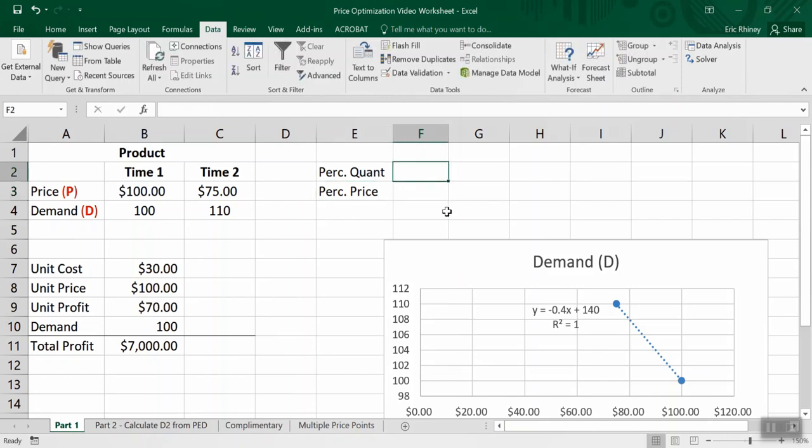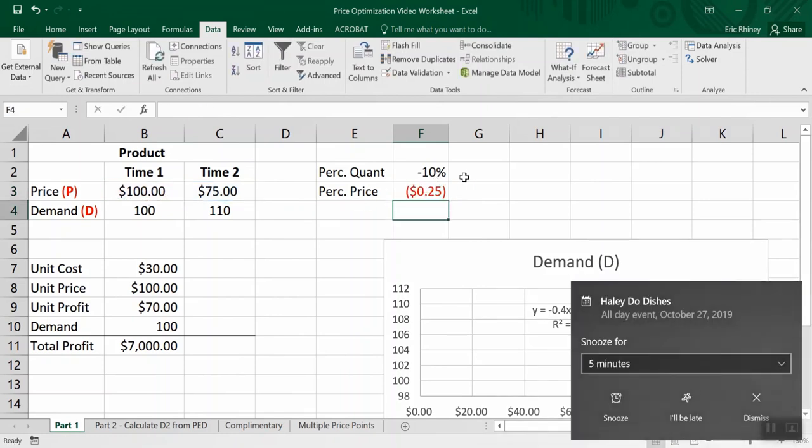All right, and here we have equals, percentage change in quantity is the demand. So we know this is price 1 minus price 2, and then we divide all of that by price 1, and you see here it's 0.10. We can do the same thing for price: price 2 minus price 1 divided by price 1, and we have negative 0.25.